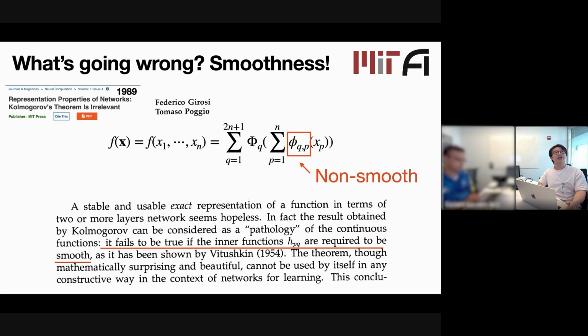They said that the theorem fails to be true if the inner functions phi_qp here are required to be smooth. That means the theorem is true if you allow the inner functions to be arbitrary continuous functions. But in practice, we can only model smooth functions.